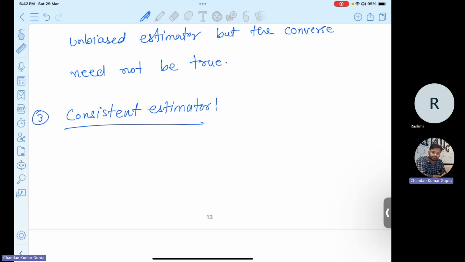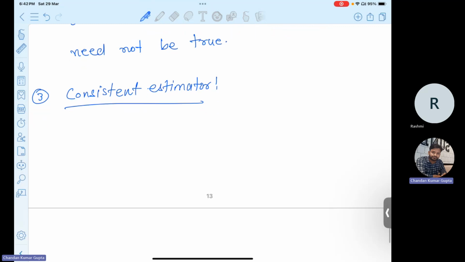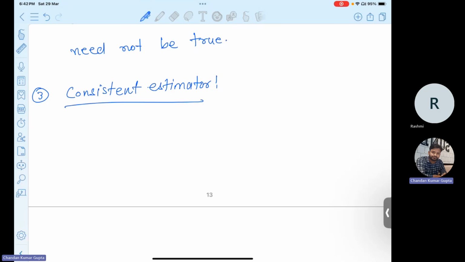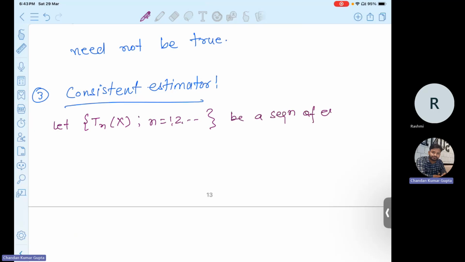Let me write a definition for this. Let Tn(X) for n equal to 1, 2, and so on, be a sequence of estimators based on the samples.